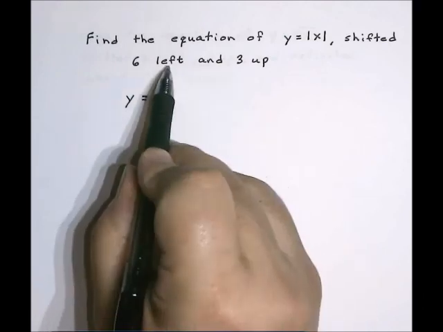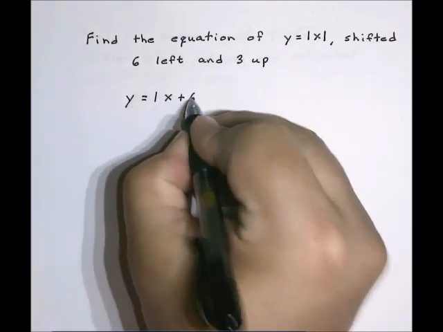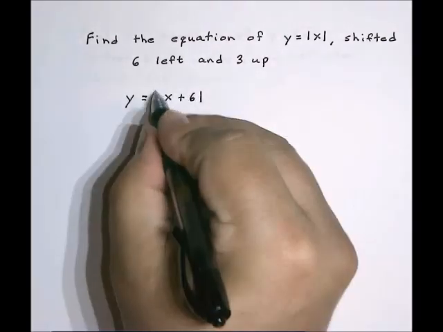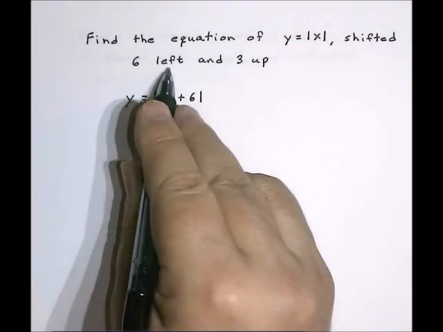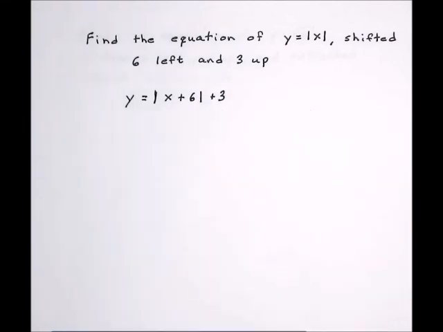And I'm going to have the opposite sign to the direction. So if it's going this way, it's going to be a positive. So the +6 will shift it 6 left, and 3 up is just adding 3 outside the function. And we're done.